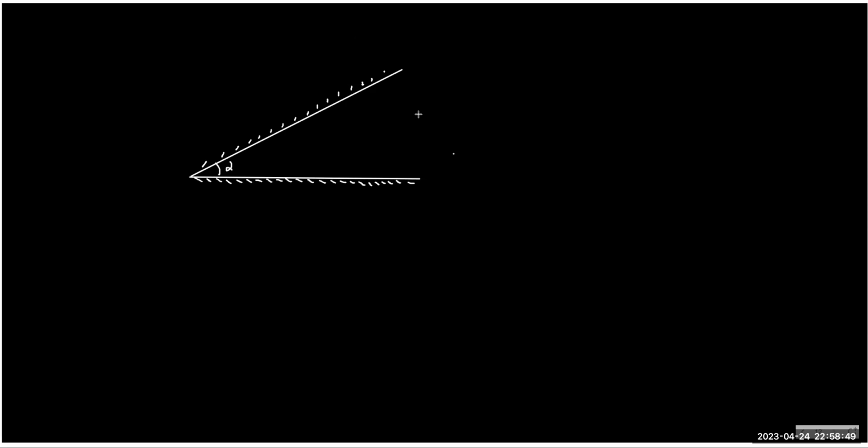A ray of light is coming parallel to one of the mirrors. So I'm taking it parallel to the base. Now this is also alpha. It suffers n reflections, which we don't know, and then retraces the path.